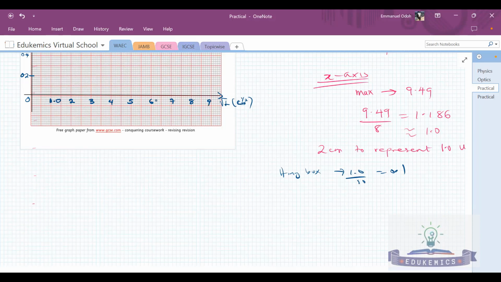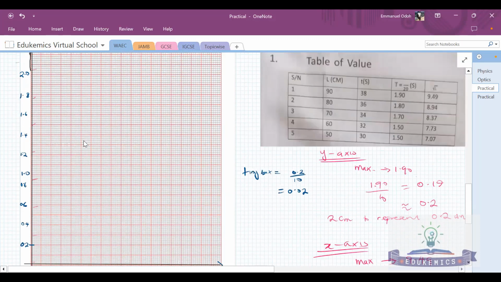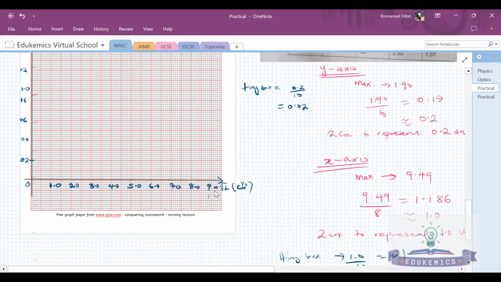So 1.0, 2.0, 4.0, 5.0, 6.0, 8.0, and 9.0. Like that. So when T is 1.9, where is 1.9? This is 1.9. L is 9.49.